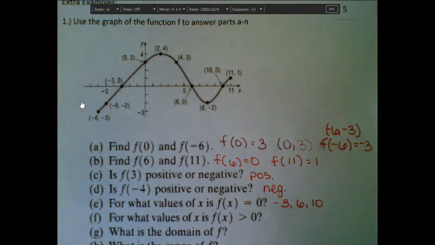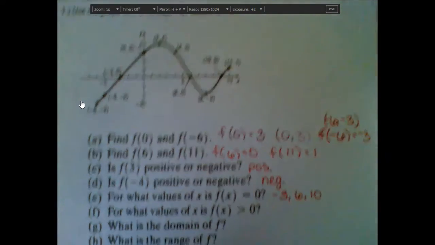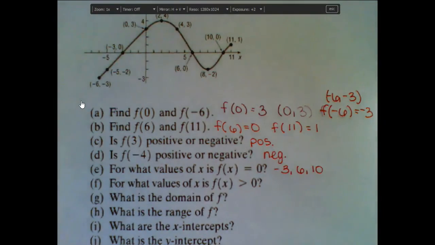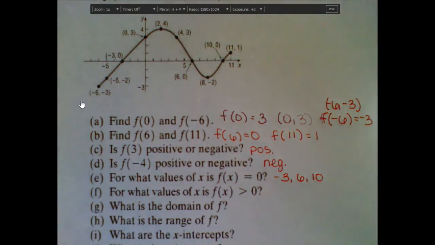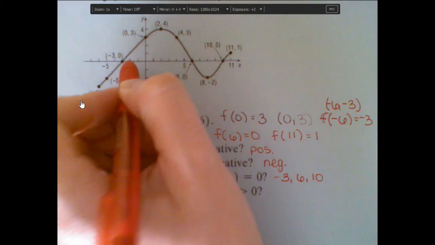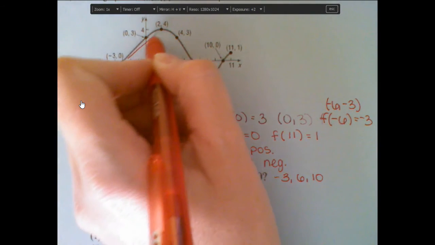For what values of x is f of x greater than 0? So we're talking about all these points that are greater than 0, and we only need to list the x values. So I'm greater than 0, hopefully you would agree, all the way here.